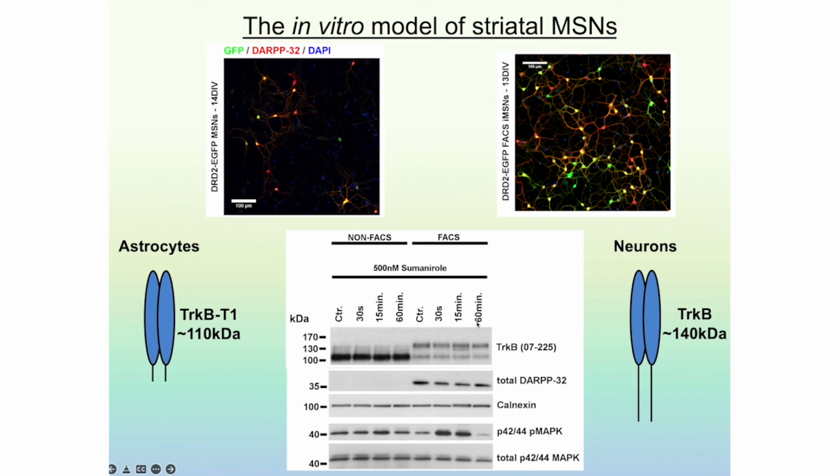And compared to total MAP kinase, this makes perfect sense. Meaning, long story short, we can now investigate effects after enriching medium spiny neurons that were masked by contaminating cells before. So we can now address scientific questions that we were not able to address before.